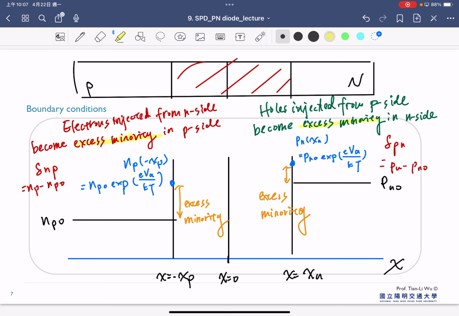So that's the reason we have this excess carrier at this boundary here.